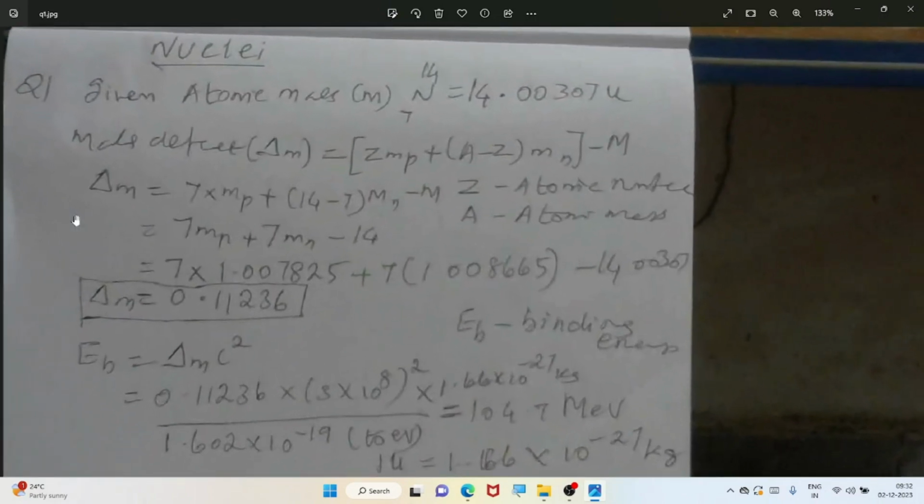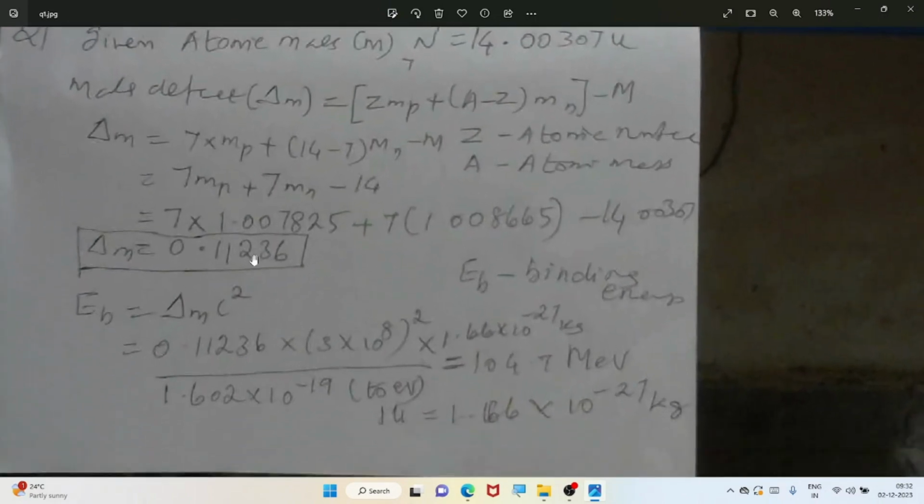So now using that we can find the energy, the binding energy, meaning delta m c squared. Here 1 unit equals this many kilograms. I already showed you in the book. Then converting this, it will come in joules. To convert to electron volts, we divide by 1.6 times 10 to the power minus 19.